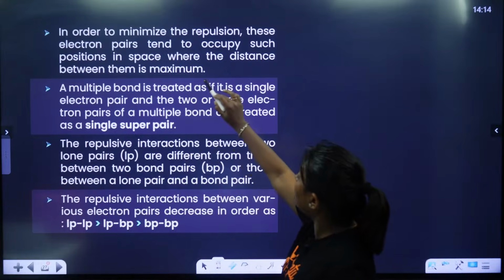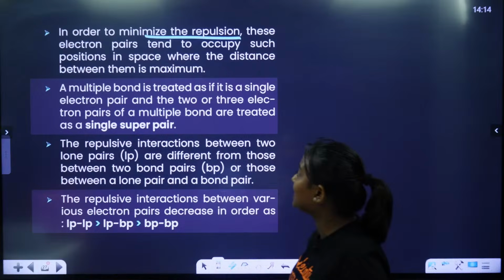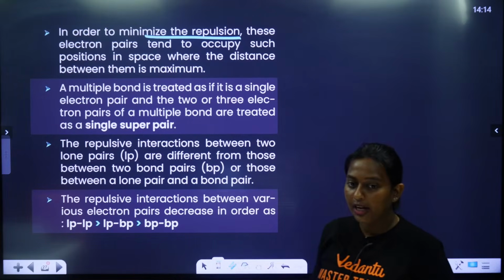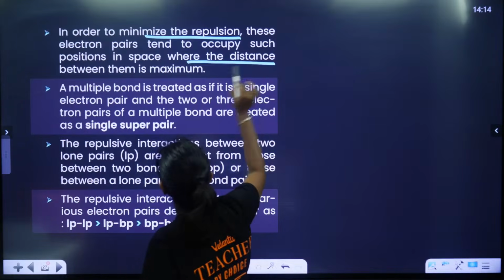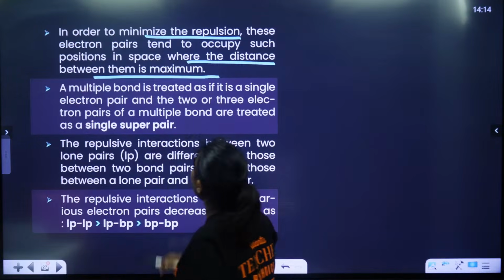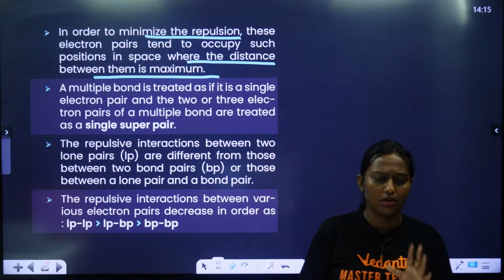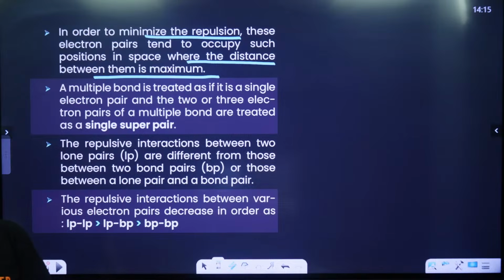In order to minimize the repulsion, these electron pairs tend to occupy such positions in space where the distance between them is maximum. There is only one way to minimize repulsion: keep maximum distance.